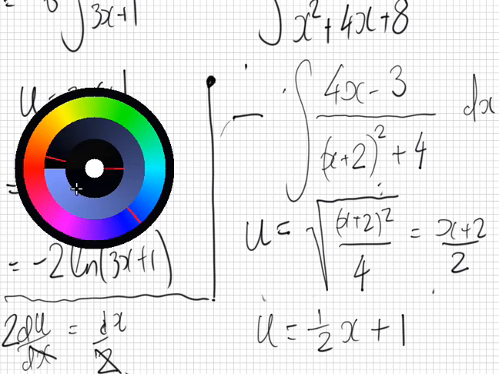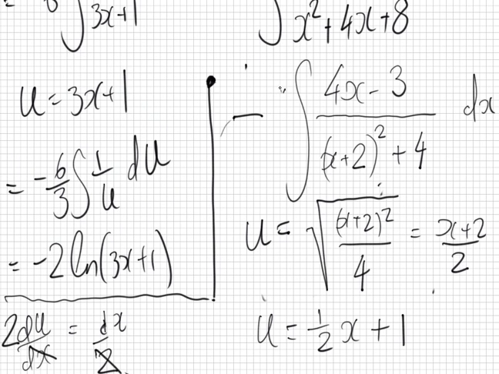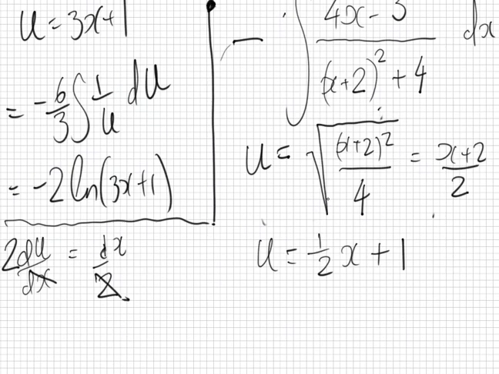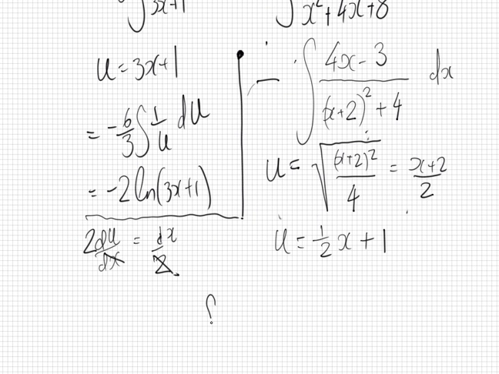So I go back now to this line here and put that result in. So now I have 4x minus 3 over, I think this always ends up being u squared plus 2.